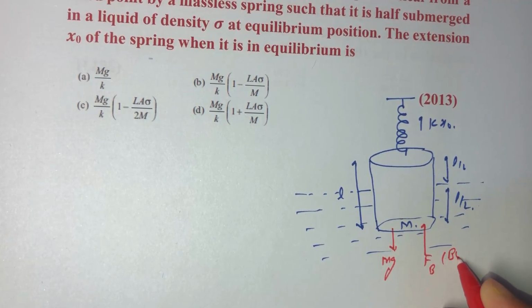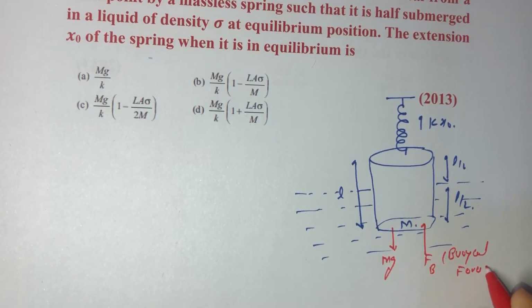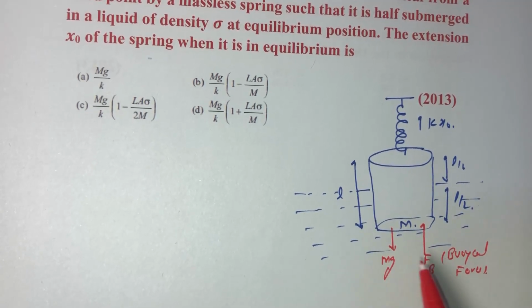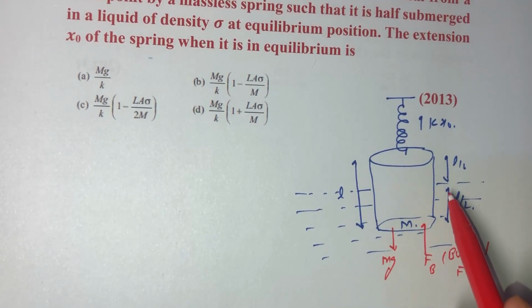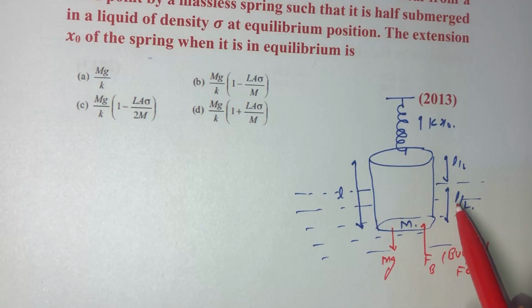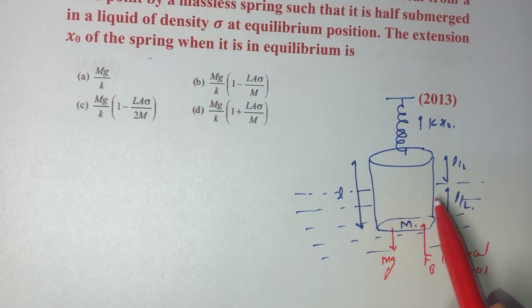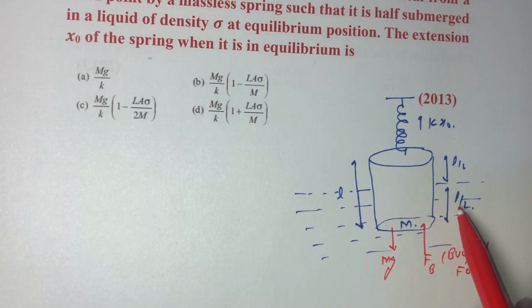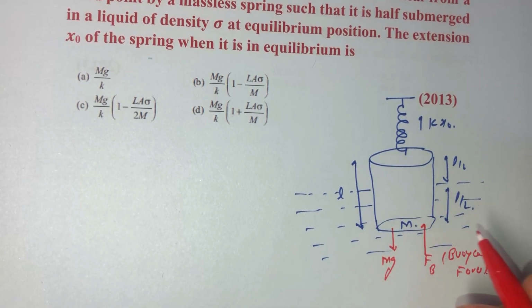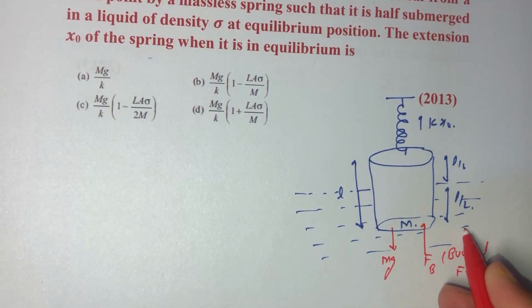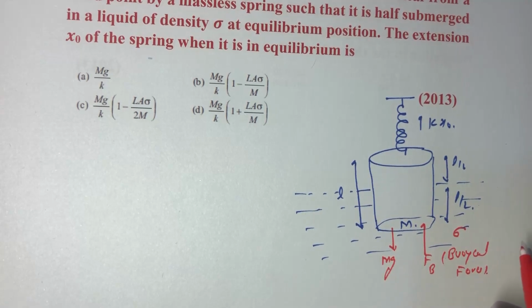So this is our buoyant force, and this buoyant force will be only because of the cylinder that is submerged in the liquid. So it will be only because of the half of the cylinder, because only length L by 2 is submerged in the liquid, and sigma is the density of the liquid.